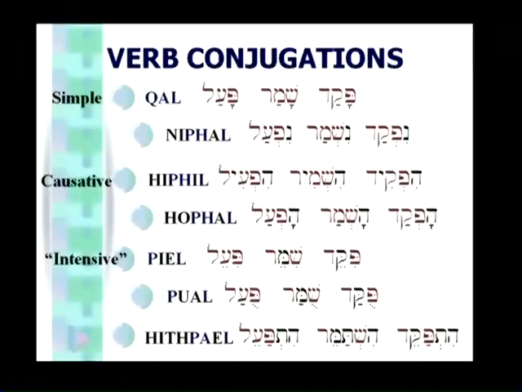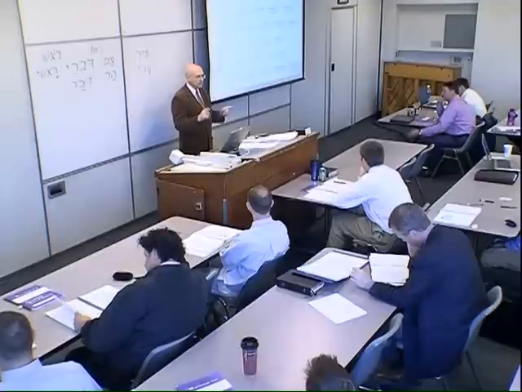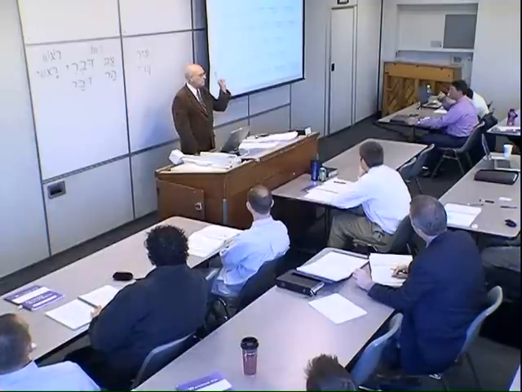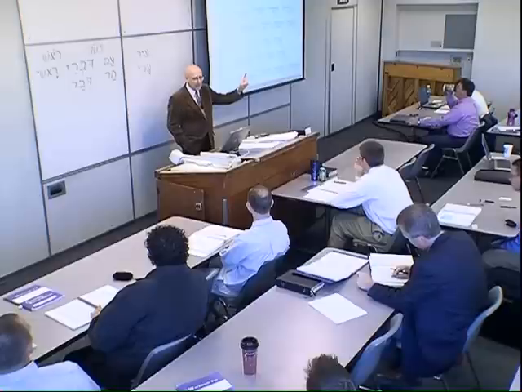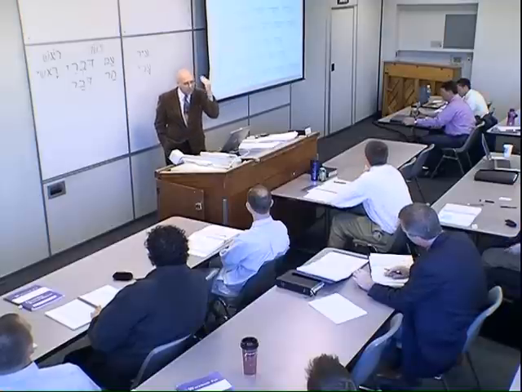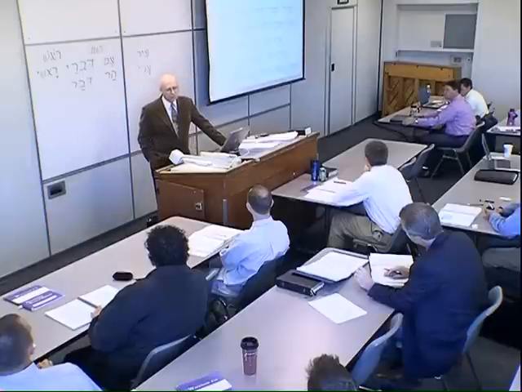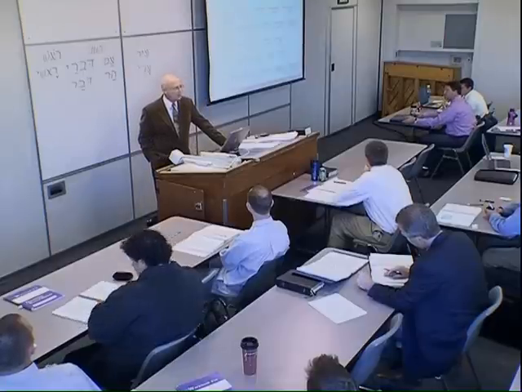If you know the 7 names, you can identify any of the perfect forms of any of these verbs. You don't have to memorize 7 different paradigms for every verb. You only need to memorize the first paradigm, the kal, to know the names correctly, so you know the characteristics, and you know all the rest of the perfect forms.